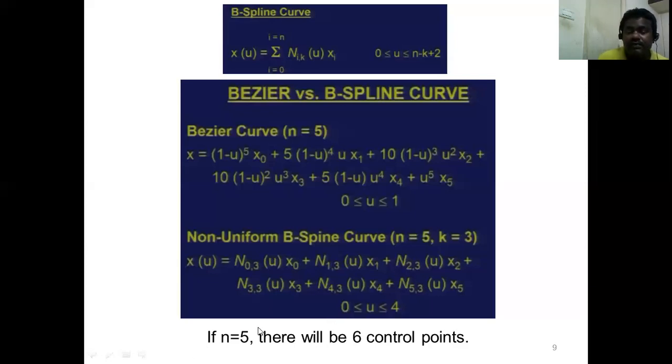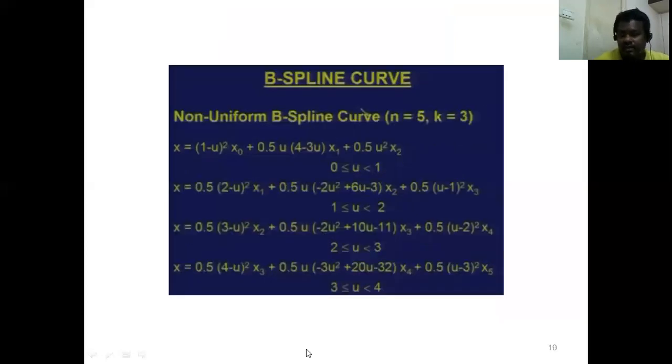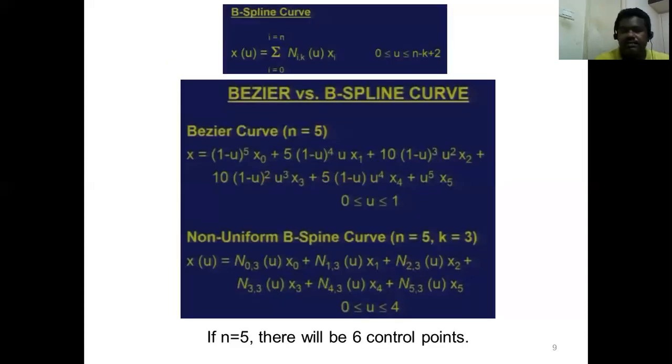If n is equal to 5, it means there will be 6 control points, right? For the B-spline curve, this is the previous expression we have seen here, with these coefficient values and expressions.